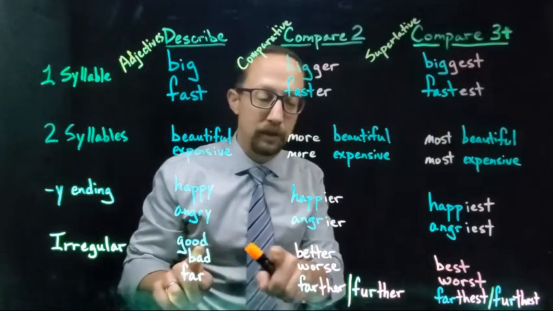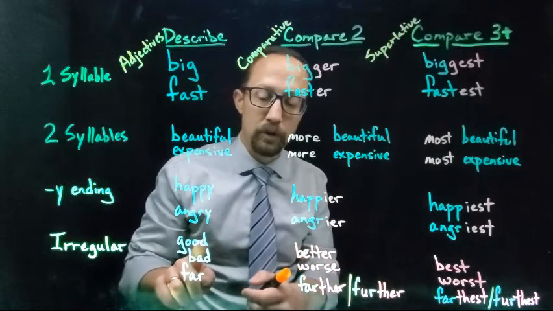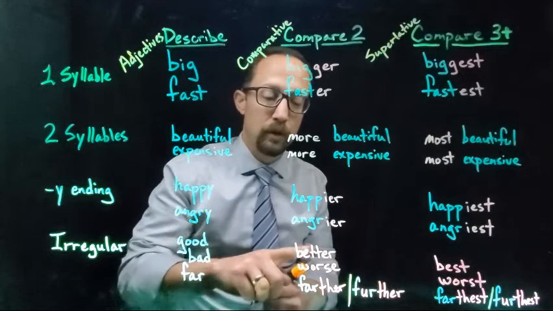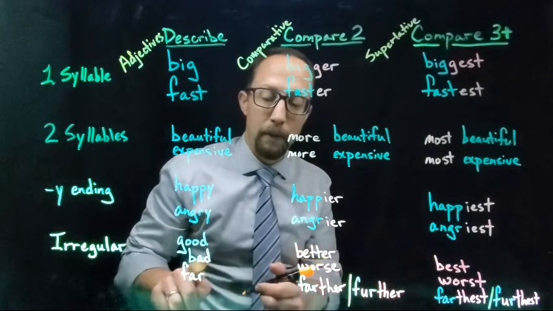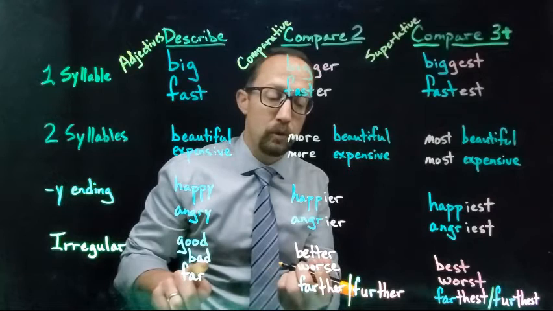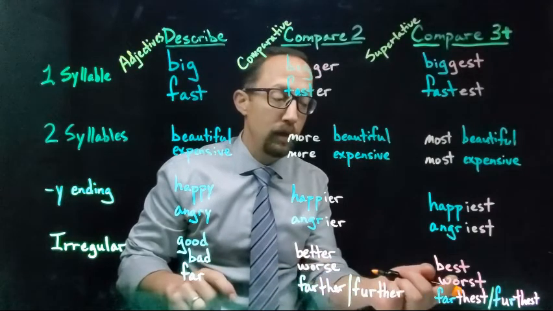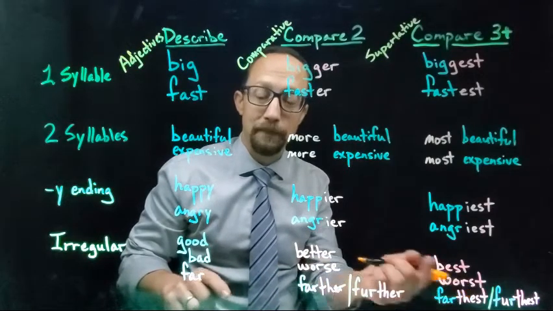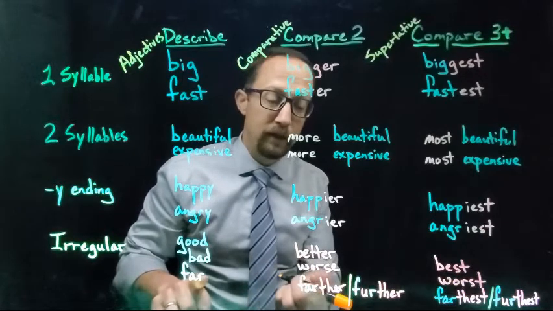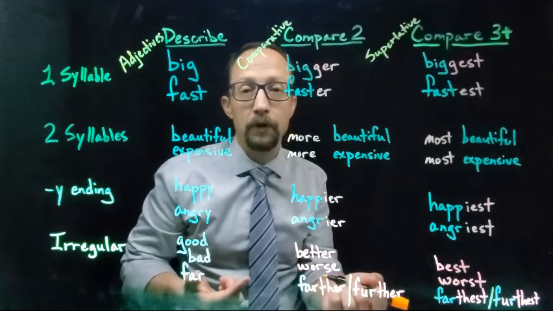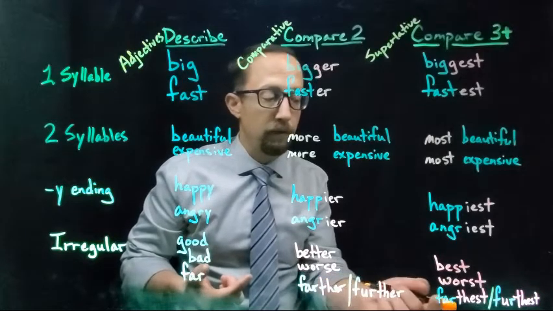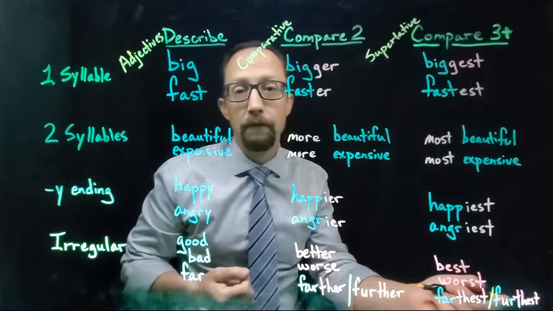Good changes from good to better to best. Bad changes to worse to worst. Far is farther. You can also say further. Then farthest and furthest.